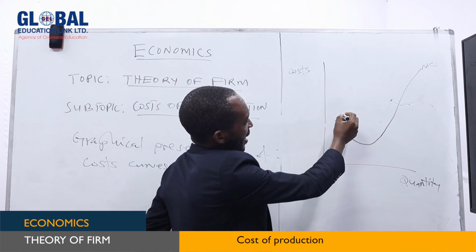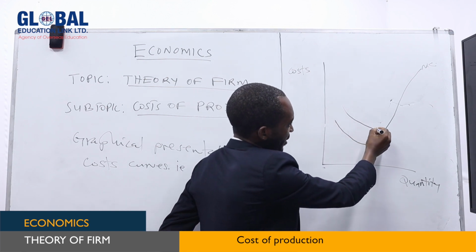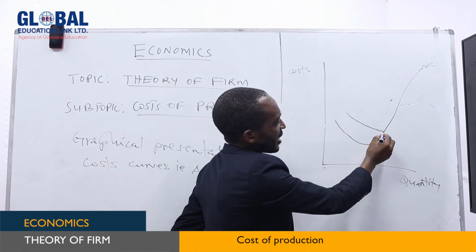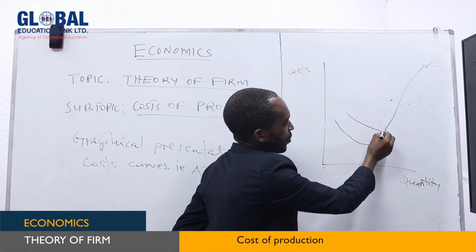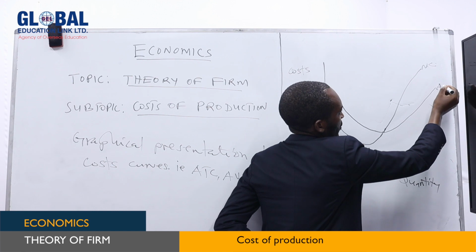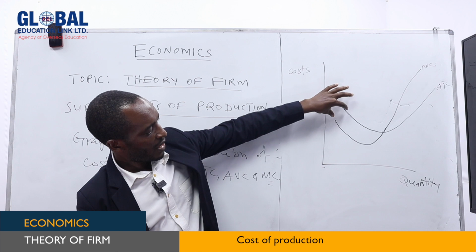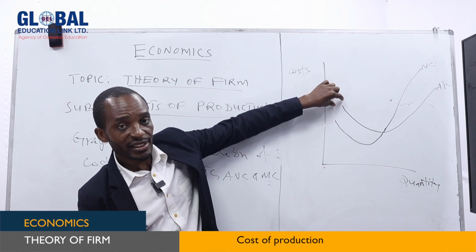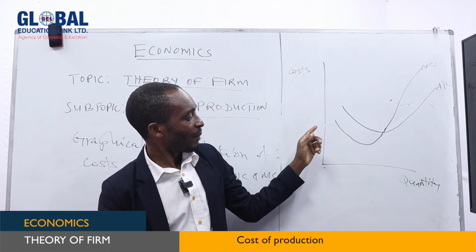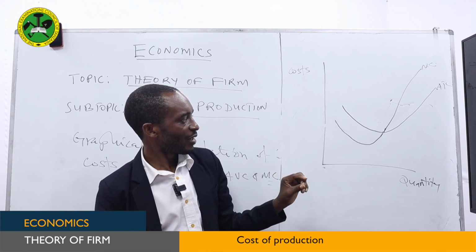When it meets the marginal cost, the average total cost starts to increase. So when average total cost is declining, the average total cost is above, while the marginal cost is below.